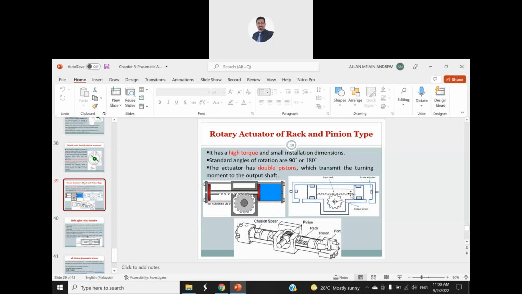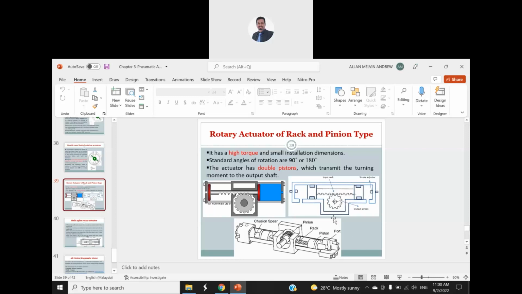So kalau dia bergerak ke kanan, yang ni dia pusing clockwise ke counterclockwise? If the rack moves to the right, it will be ikut jam atau lawan jam?